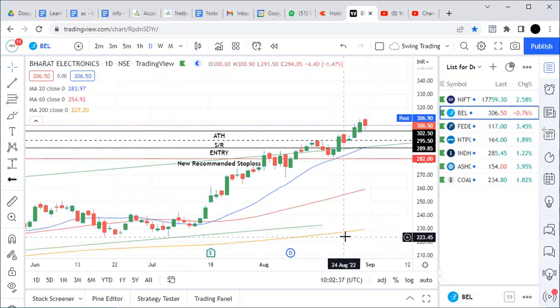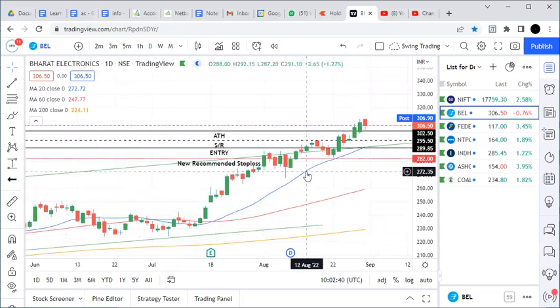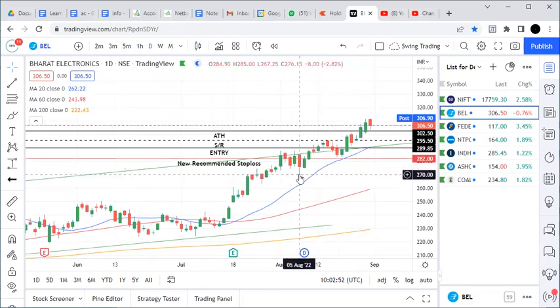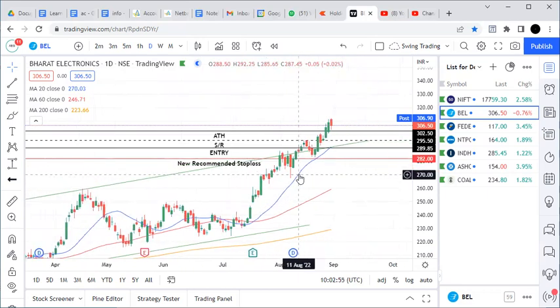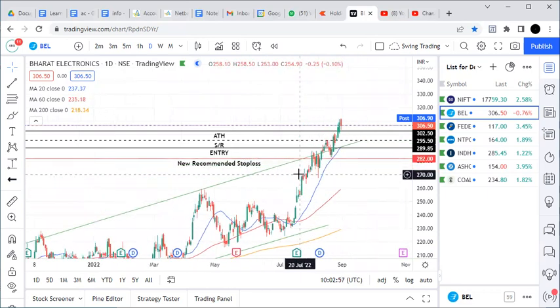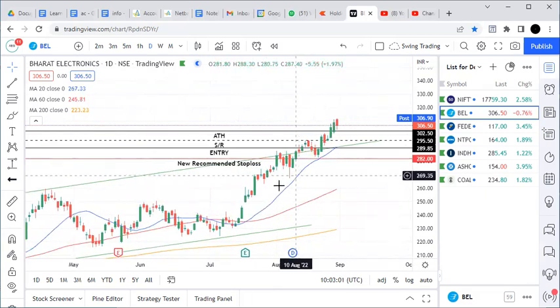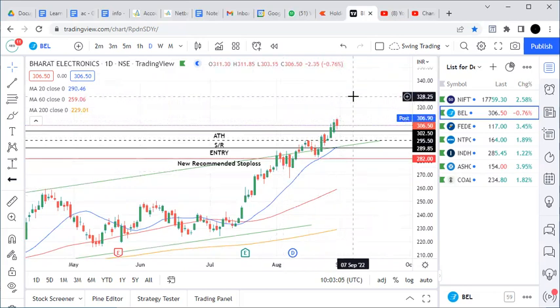Okay, and you see the several moving averages, all of that being respected, and then the stock price going up, and the all-time high being broken through. All of these are good, and then the channel pattern, which was respected for so long, has already also been broken through. So there's a lot of reasons why this may continue to go up.